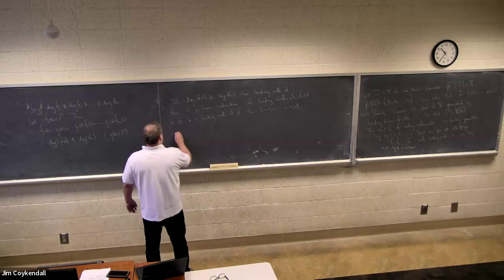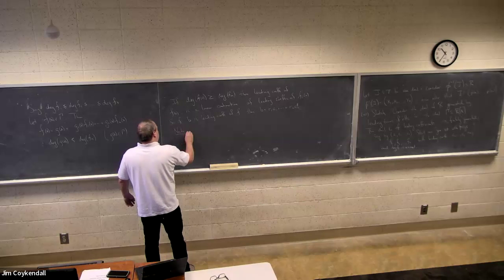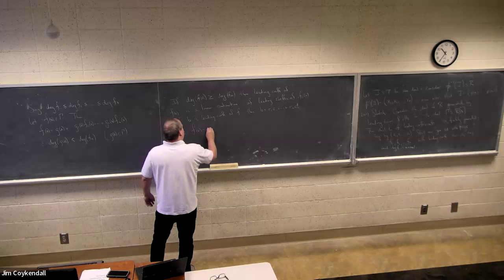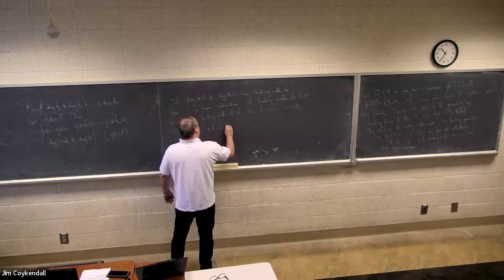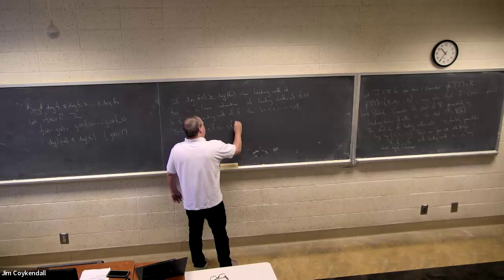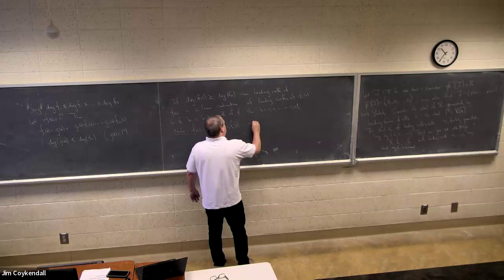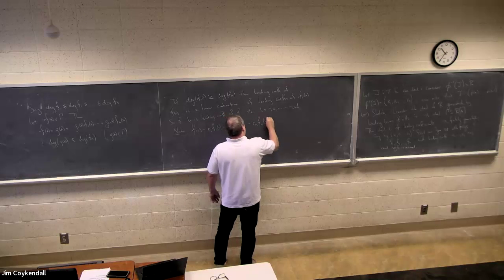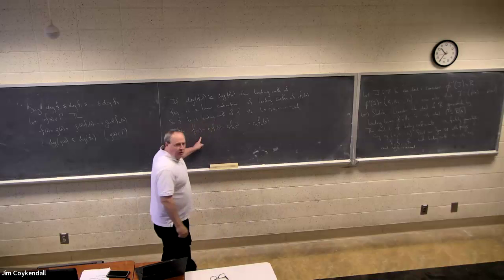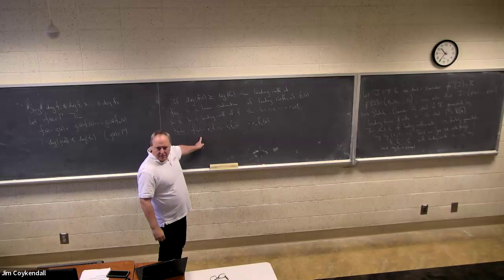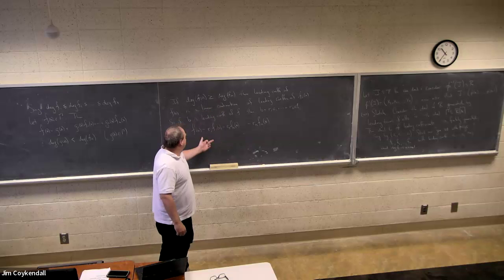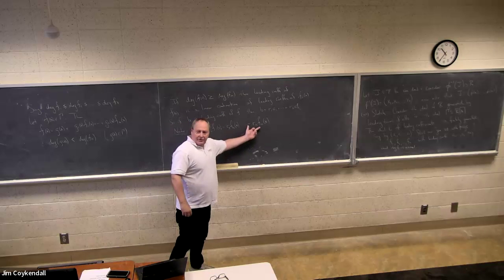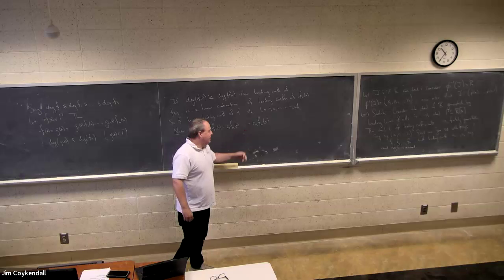Note f of x minus R1F1 minus R2F2 minus ... minus RnFn. What can you say about this polynomial? The degree of f of x is at least this big. This is a linear combination, so its degree is no more than the degree of fn.